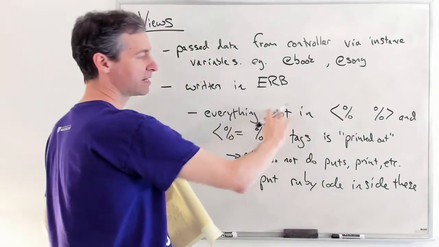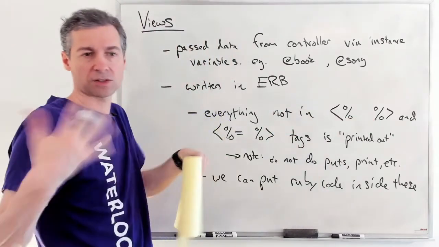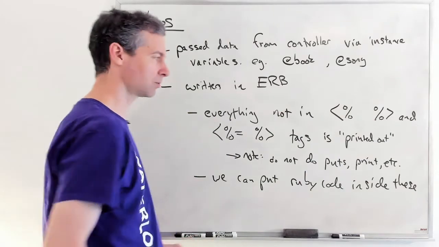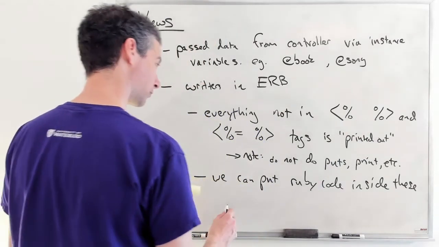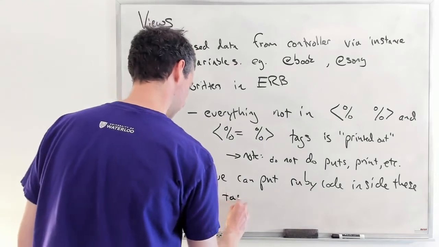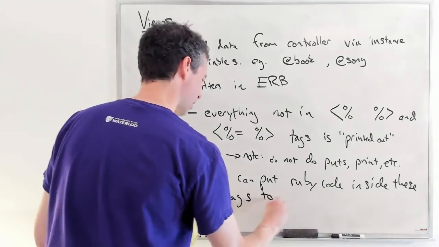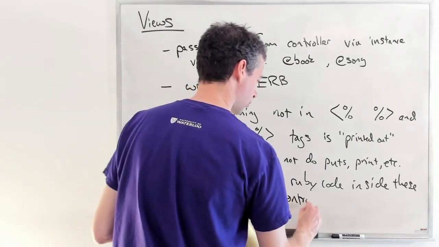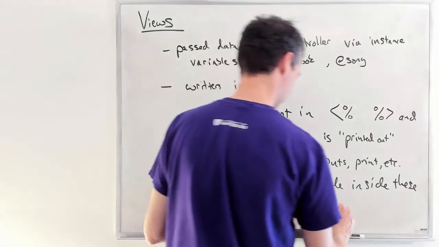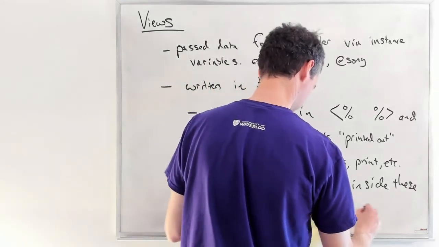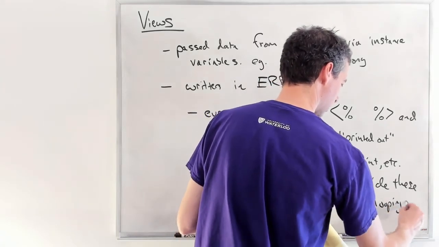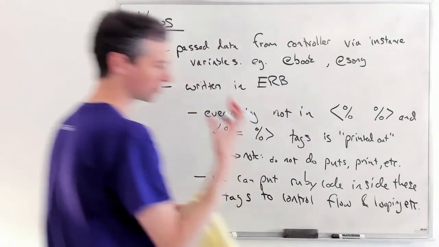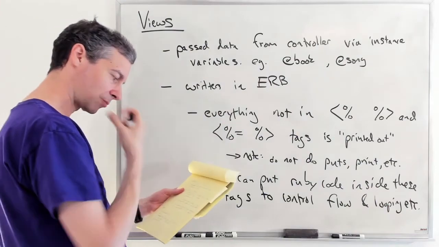Outside, anything not inside these tags is just what gets sent back to the user, all right? But we can put code in there, and we can use them to control the flow and looping, etc. of what's going on in the view. All right.